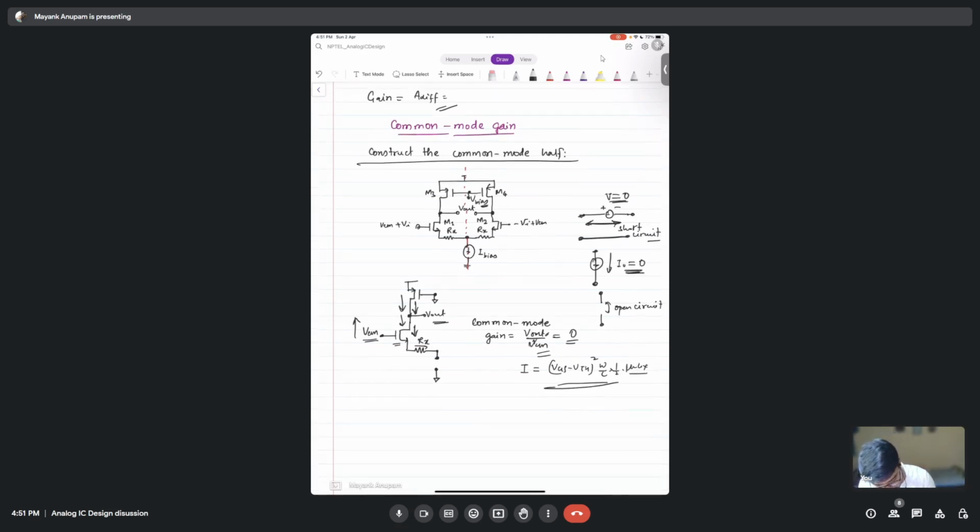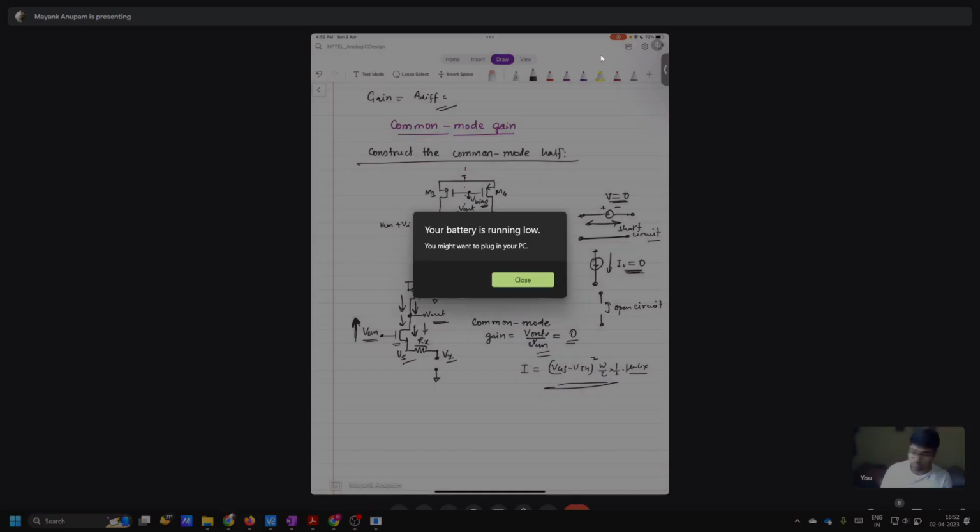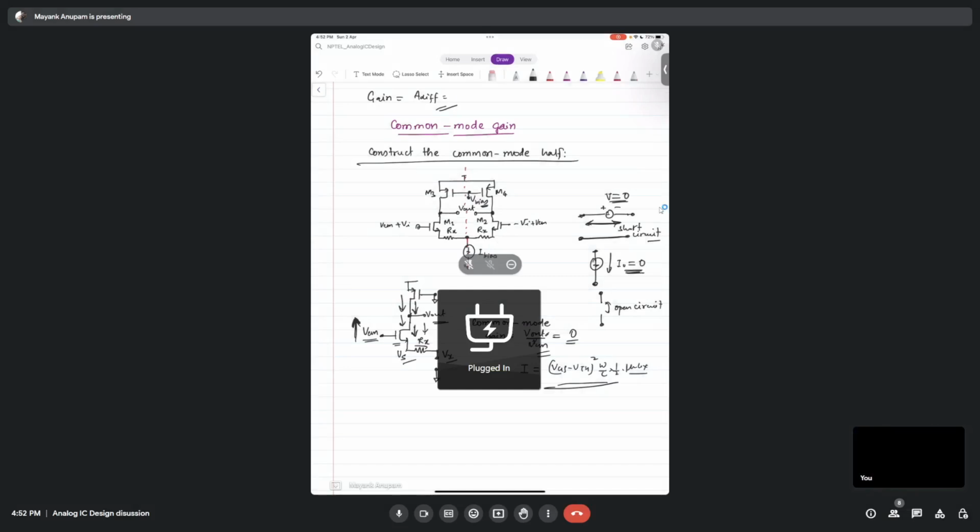So if this VCM is changing but there is no current flowing here, what should happen? What happens to this voltage at this terminal? Let's call it Vx, and let's call this one Vs. If VCM is increasing here, what should happen to Vs and Vx? Vx should increase, because that's how we can minimize this difference.